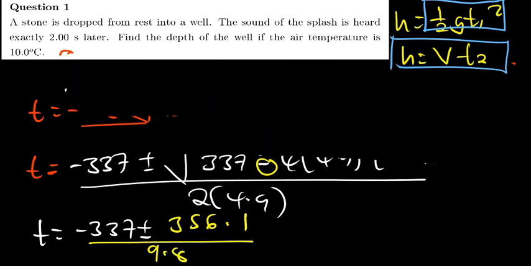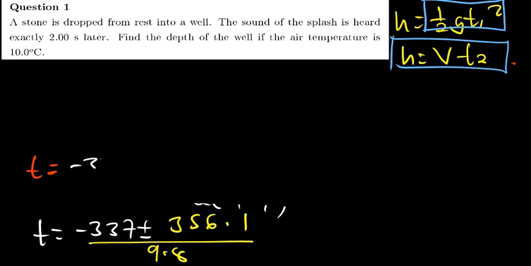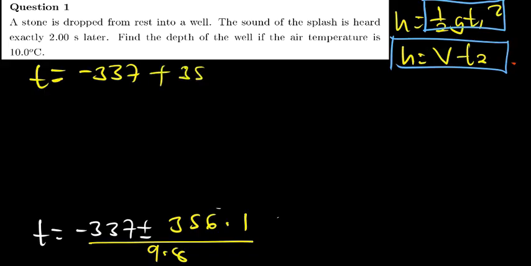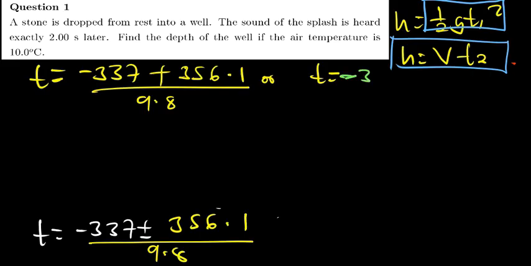Now I'll create space here on top. So I'll have t will be equal to negative 337 plus 356.1, divide this by 9.8, or another value for t will be negative 337 minus 356.1 divided by 9.8.